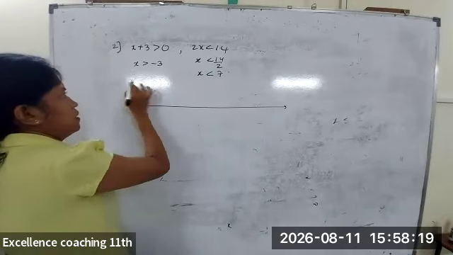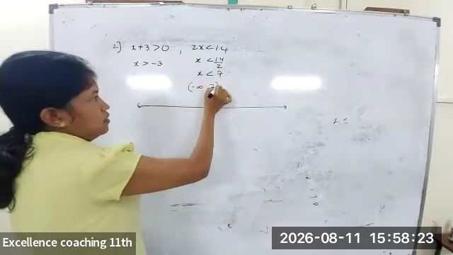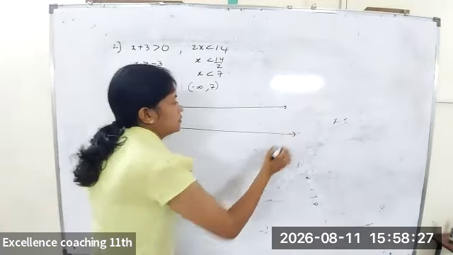Greater means more than this, less means less than this. Now put both of them on the number line.